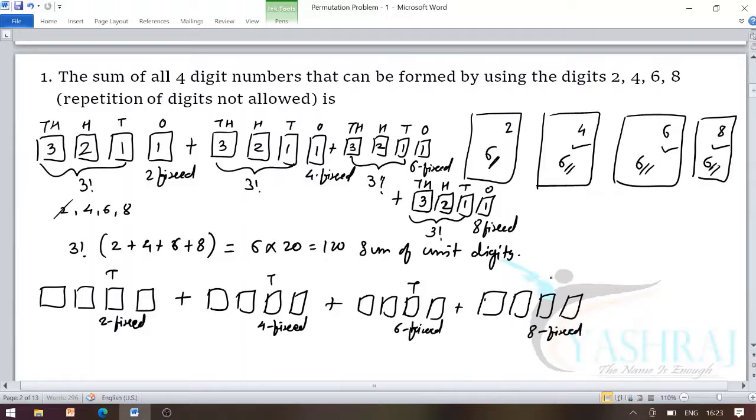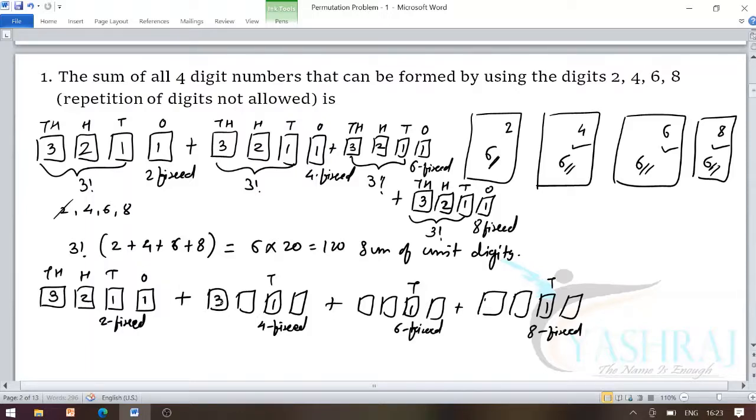So there is exactly again one possible way to fill up the tens place by the digits 2, 4, 6, 8 respectively, while the thousands, hundreds and ones places can be filled up in 3, 2, 1 ways.